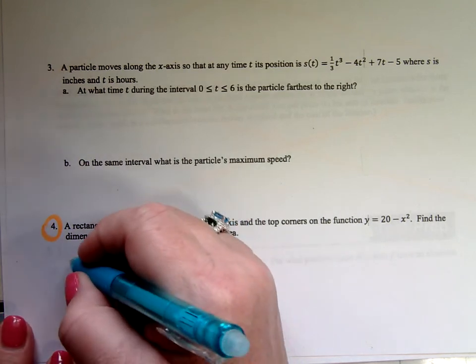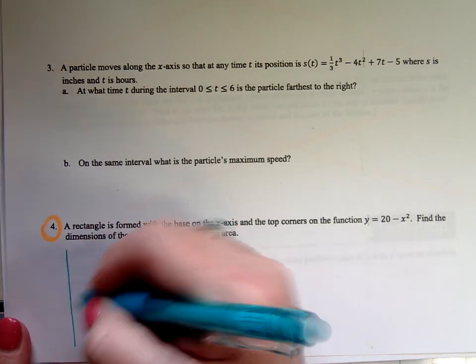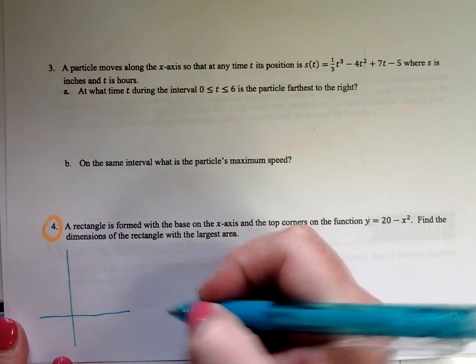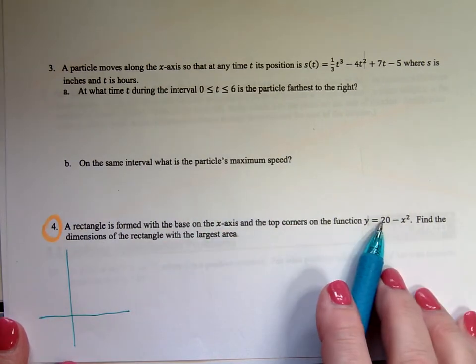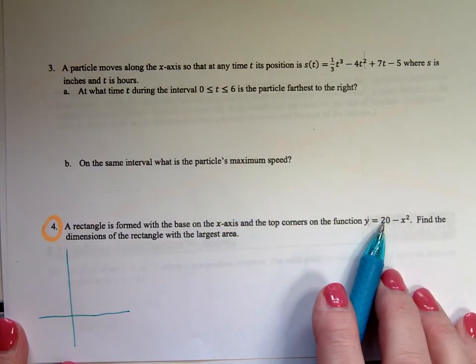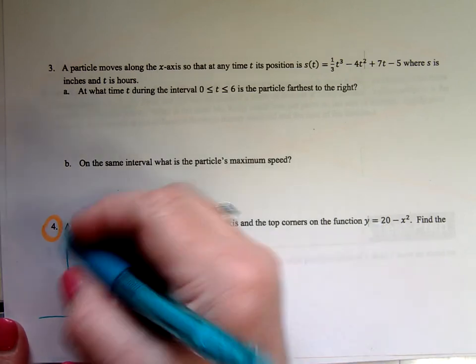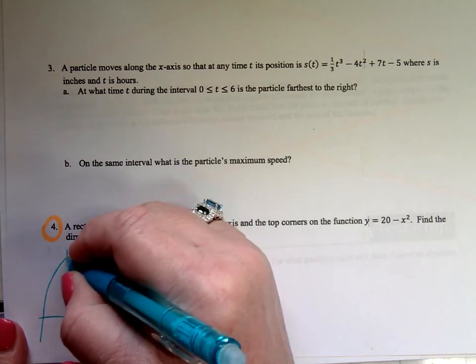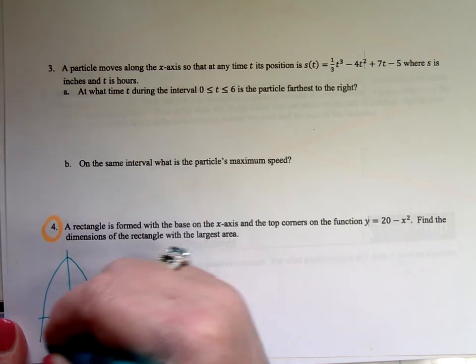Let me show you. All right, first of all, I'm going to give you a picture. Think of what this looks like. This is an unhappy parabola that's up 20, so it's going to look like this.